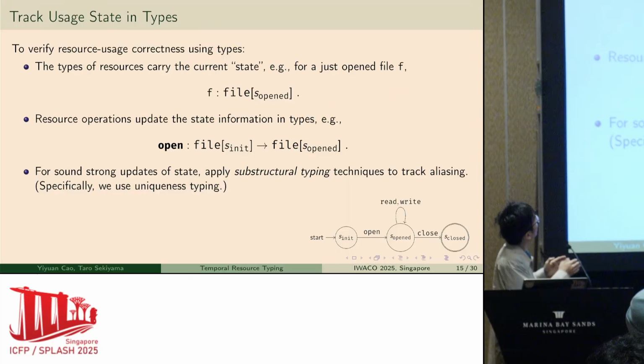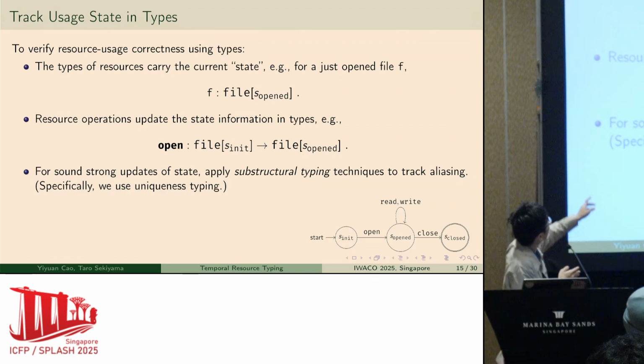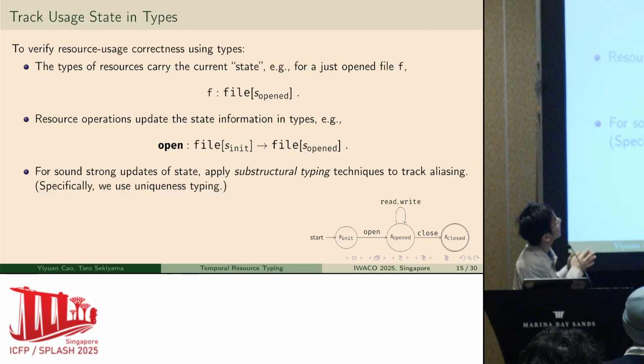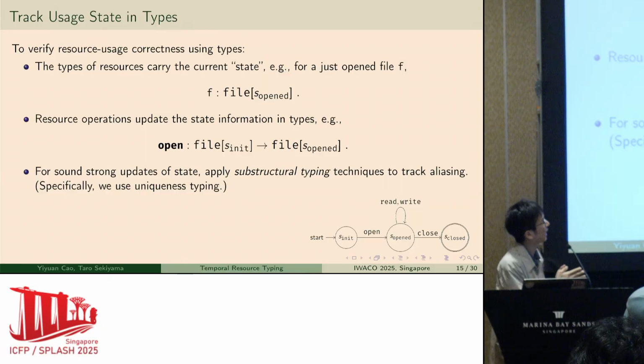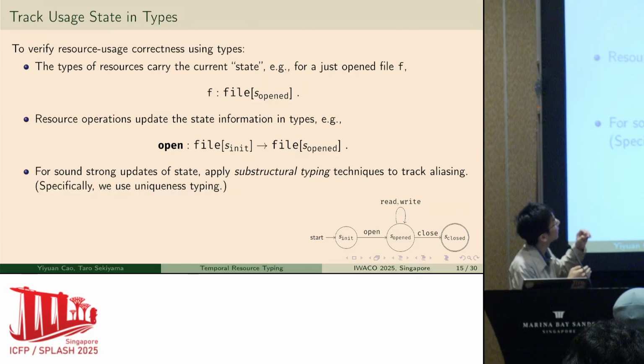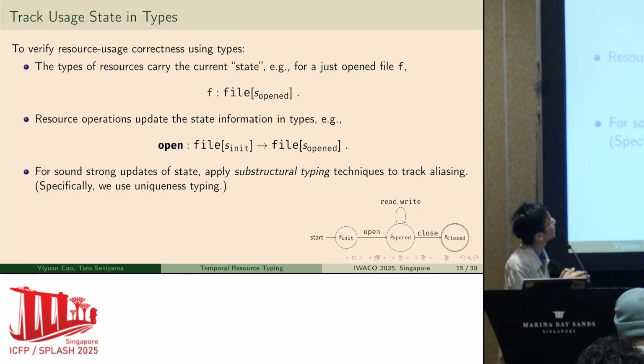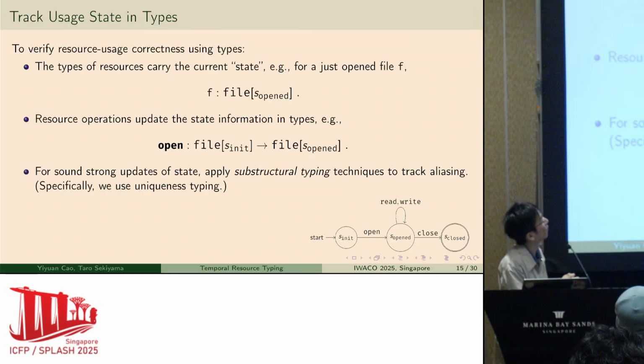Current research on type-based resource usage verification usually follows these steps. The first step is that, since we have this transition view of resource usage specifications, we can encode these resource usage states in the types of resources. For example, in typestate systems, the resource types directly carry the state of the resource, so a just-opened file has the file type with the typestate opened.